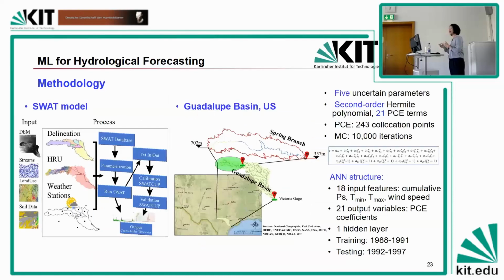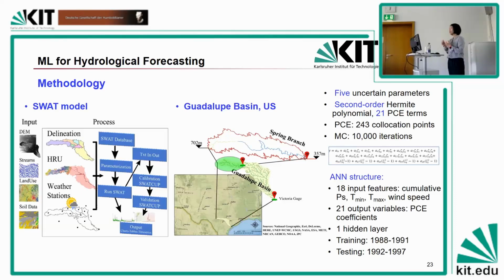Once the model is built, we used it for a semi-distributed hydrological model. We selected a watershed in the States, and then we built our PCE model, and then we used the ANN to estimate the coefficients. So the idea is now that with PCE, we just need to run the model 243 times, then we can quantify the uncertainty in the output, which is caused by 5 uncertain parameters.